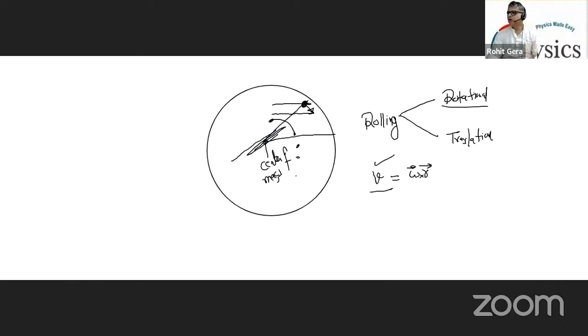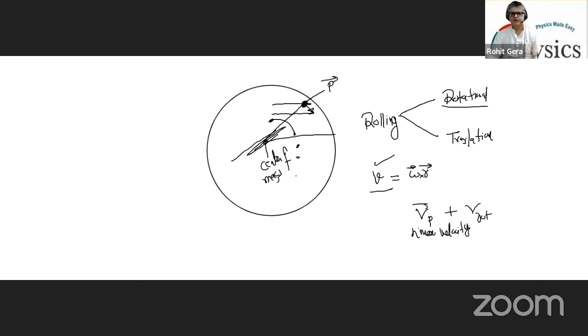Now if you want to analyze a point P on the body, remember this also is moving forward. So one, of course, it has a velocity V which is linear in nature, because it is moving forward, plus it can exhibit the characteristic of a rotational motion also, right?